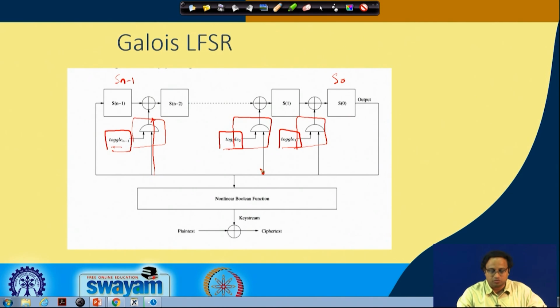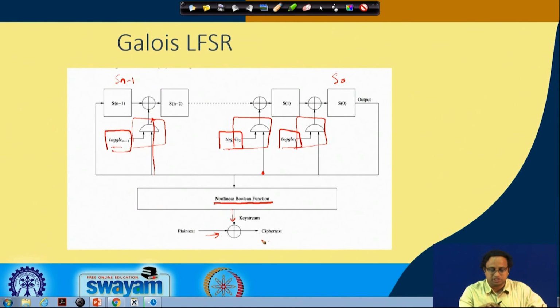Again, you can essentially draw an isomorphic relationship, which means that for every Fibonacci LFSR you can write a Galois LFSR, and for every Galois LFSR you can write a Fibonacci LFSR. Also note that in this diagram and in the previous diagram, we define what is called a nonlinear Boolean function. Typically, based upon these bits over here, we combine them by a nonlinear Boolean function, and then produce the key stream, which is XORed with the plaintext to give you the ciphertext.